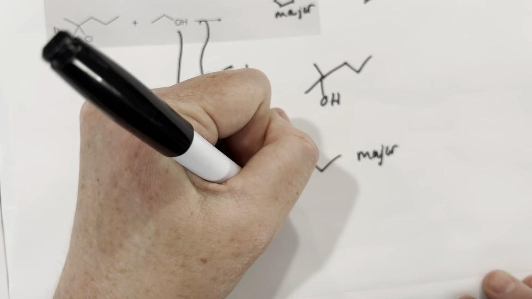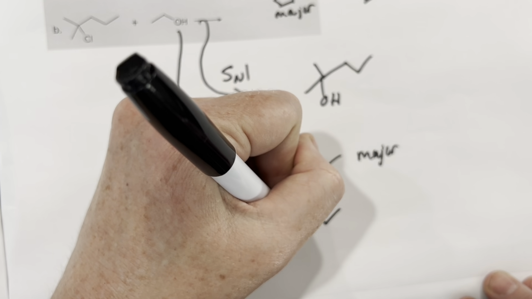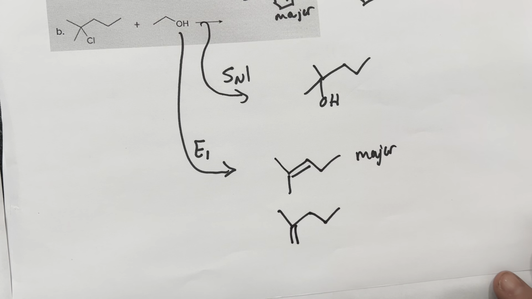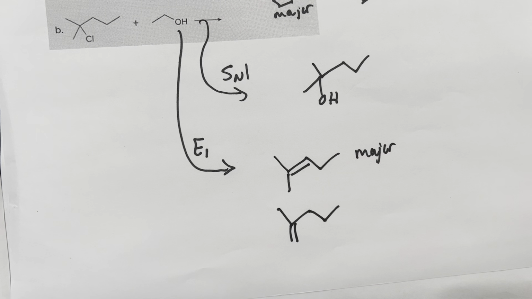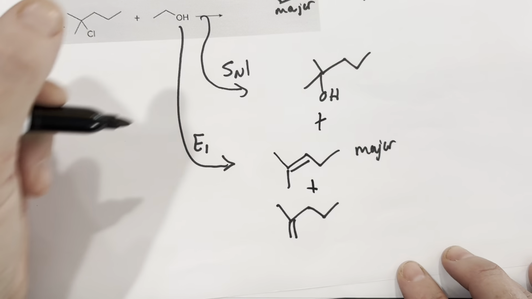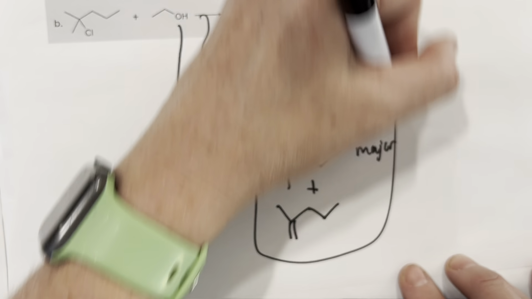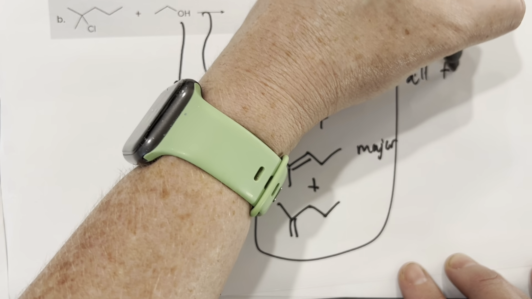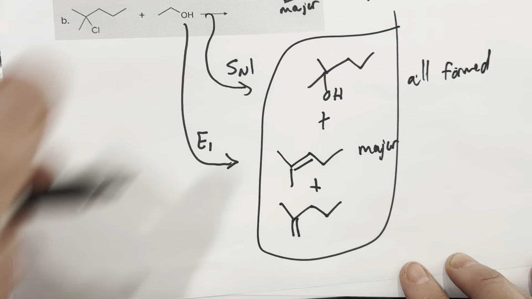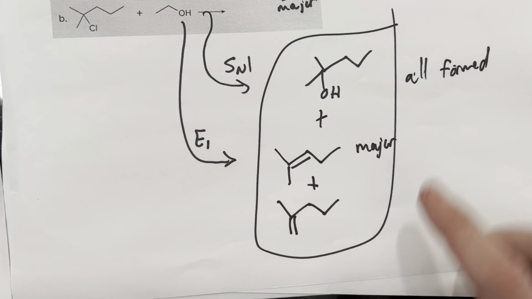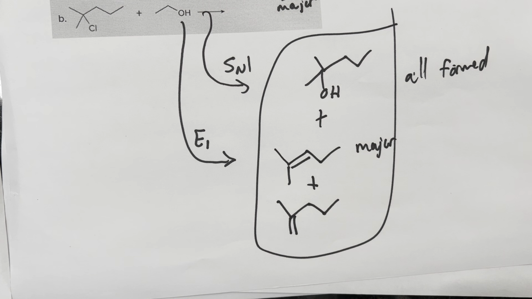And then the last one would be on one of those two methyls. Cool. So all of these would be formed. This one's only the major of the E1. We haven't talked about which one would be formed most and in which percentage. And generally, it'll actually depend on the molecule itself, but we'll get into it later.